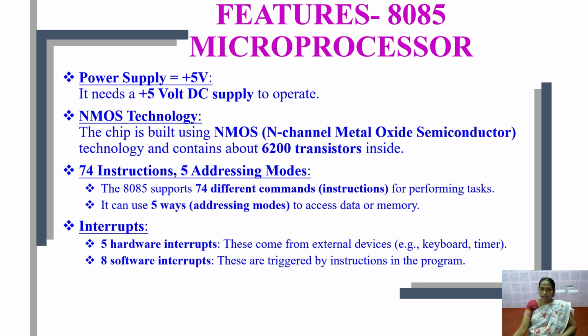Next is NMOS technology. NMOS stands for N-channel metal oxide semiconductor technology and contains about 6200 transistors inside it. Next is 74 instructions and 5 addressing modes.